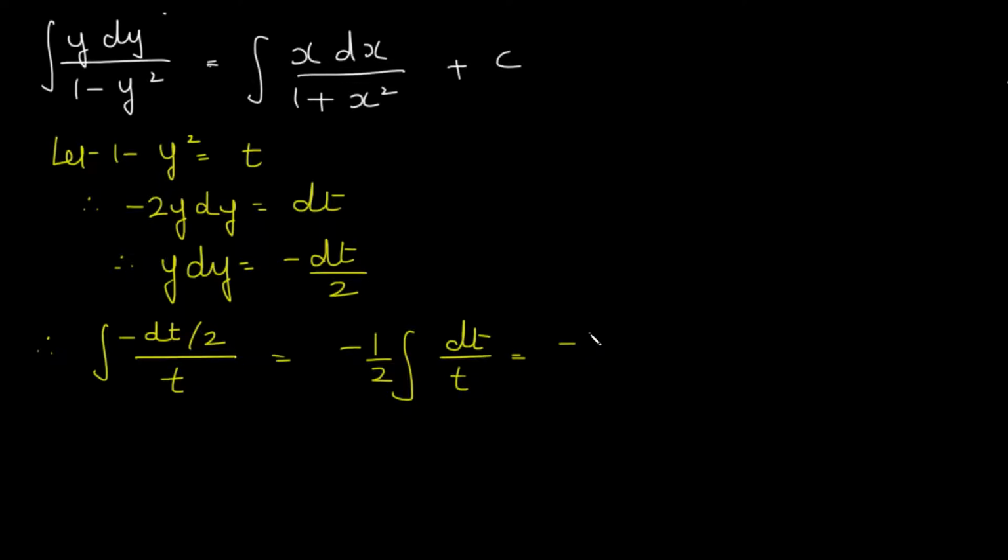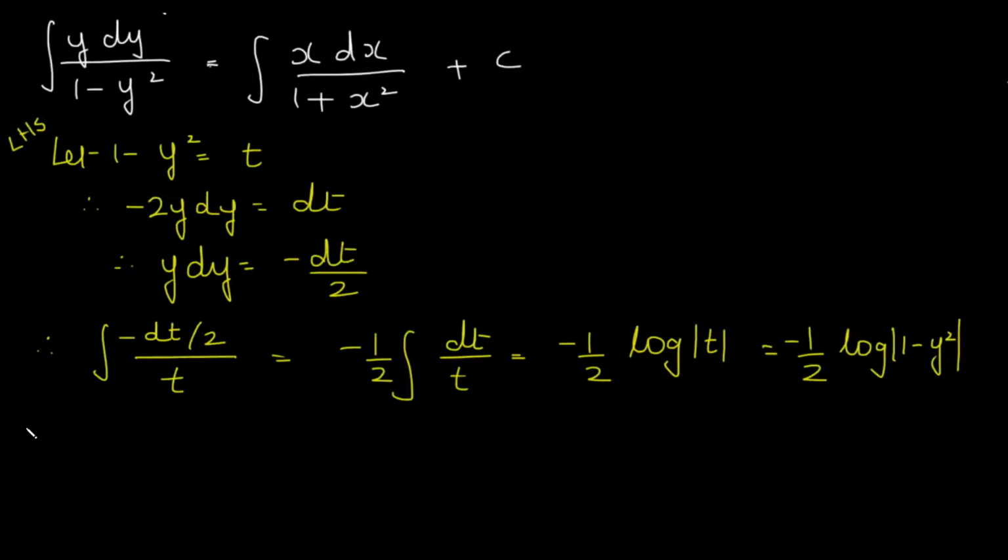So we're going to get −1/2 log t. Now resubstituting, we get −1/2 log of (1 − y²), because that was our t term. We'll write plus c afterwards when we write the final answer. So LHS we solve it this way.